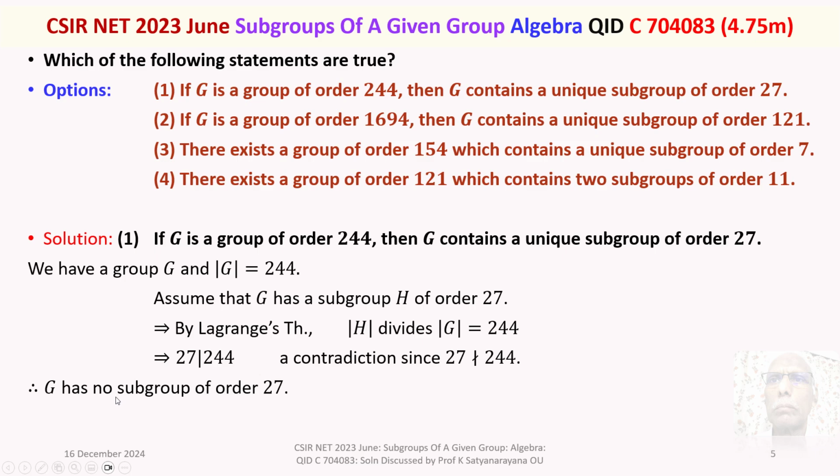Therefore, G has no subgroup of order 27. Therefore, option 1 is not true. Right. We move to the next slide for option 2.